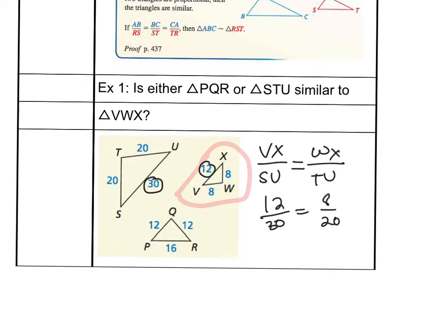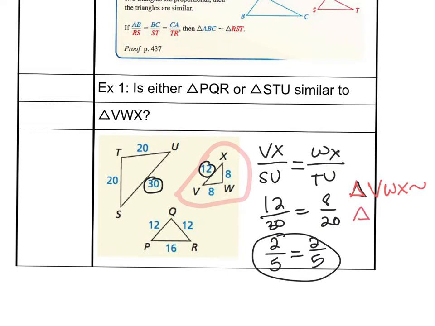So we're going to go ahead and reduce these. I notice my first one I can divide both by 6, so I'm left with 2/5. And on the one on the right, I can divide both by 4, so I'm left with 2/5. So these are proportional, which means that triangle VWX is similar to triangle STU. We just proved that.